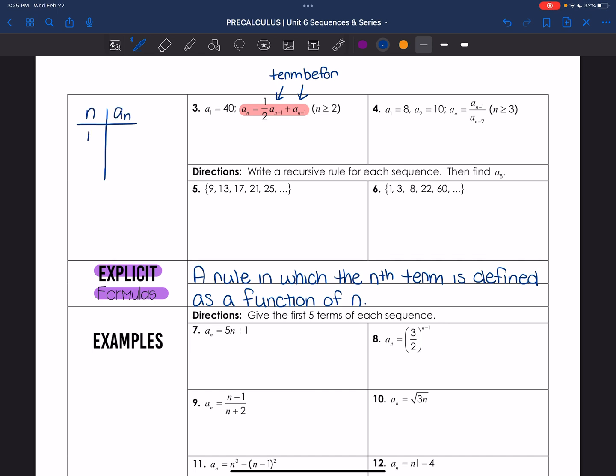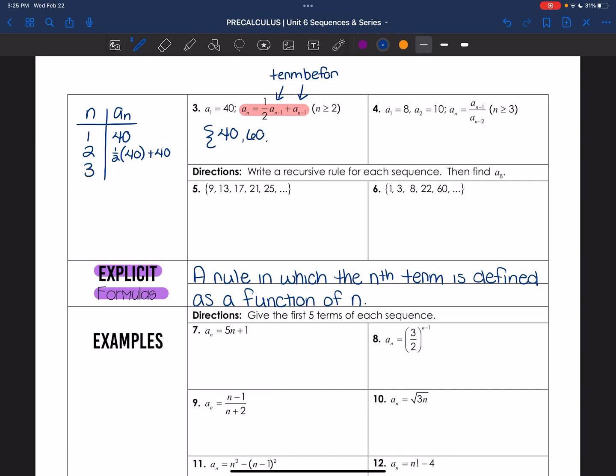We know that the first term is 40. That was given to us. Now our second term is going to be 1/2 of our previous term, which was 40, plus 40. So what is half of 40? That's 20 plus 40. That gives us a total of 60.